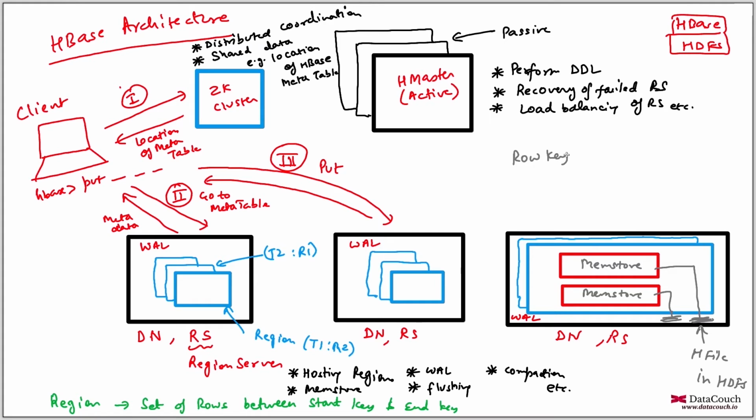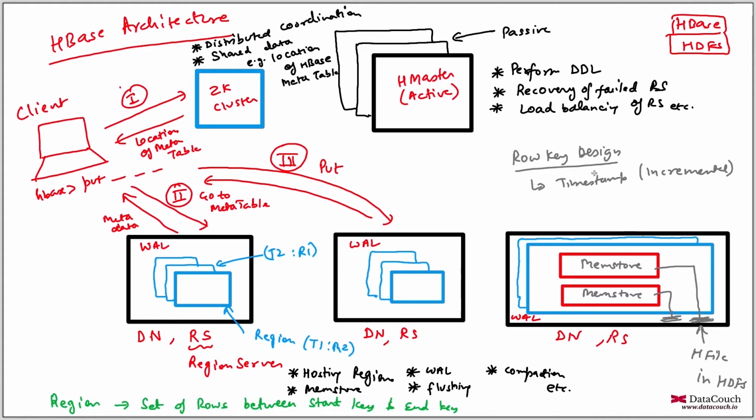I'm giving you some idea about row key design here. Let's say you have only a timestamp in the row key, and if this timestamp is incremental or sequential in nature, then this row key will always go to the same region, because a region is between a start key and an end key, and it is continuous.